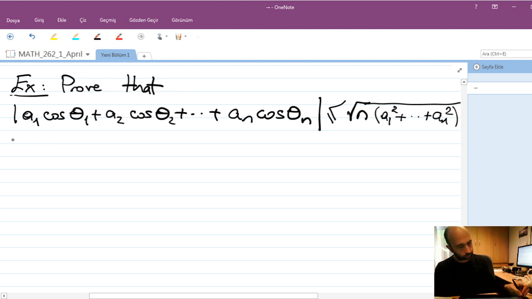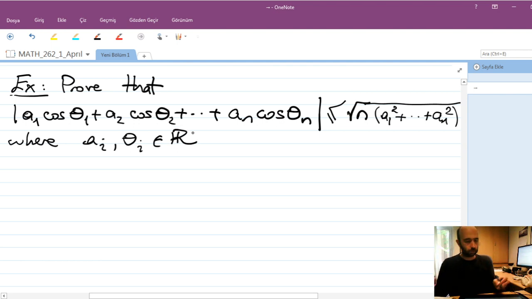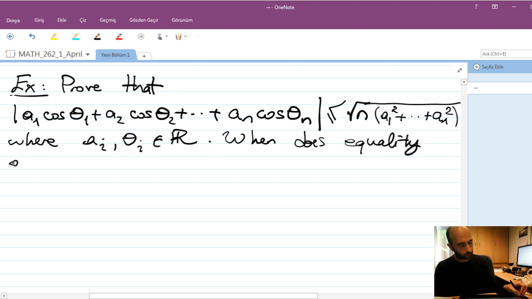Here, ai and theta i are just assumed to be real numbers. And when does equality occur? Okay, so simply stated, this is some inequality about real numbers.